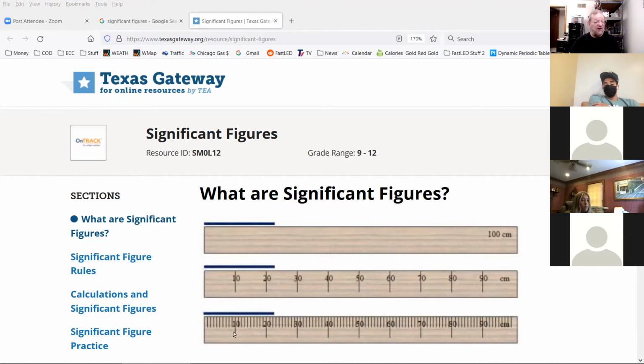And I could say, well, that's 22 point, I'll call it 5. So the first one, I could only say about 20, second one, 22, and the last one, 22.5. And notice as I go down those rulers, my measurement is more accurate. And that's an important part of significant figures. The more significant figures you have in a measurement, the more accurate it is.